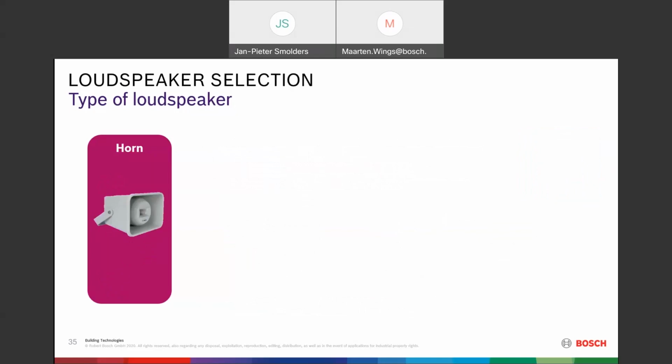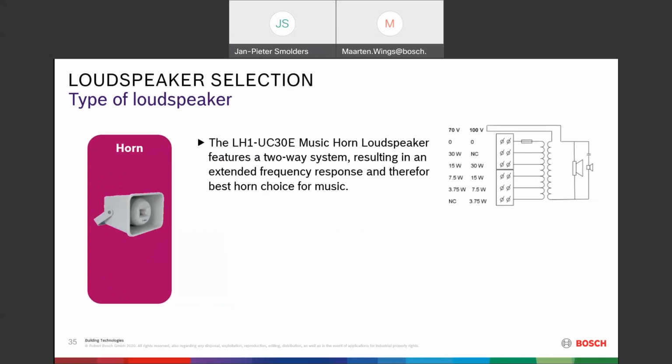Then a specific horn we have. This horn has 2 drivers inside, so that's quite unique. It will improve the frequency response of this horn. So if you need high sound pressure levels, maybe outdoors or in a hall, and you also want to use music on it, then this LH1 UC30 horn is a good horn to choose.